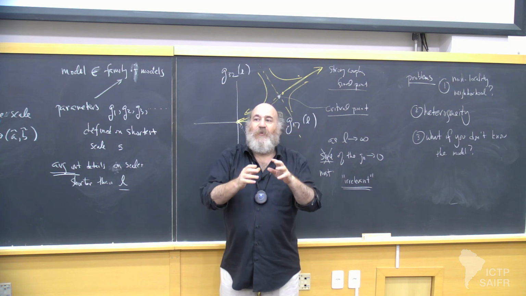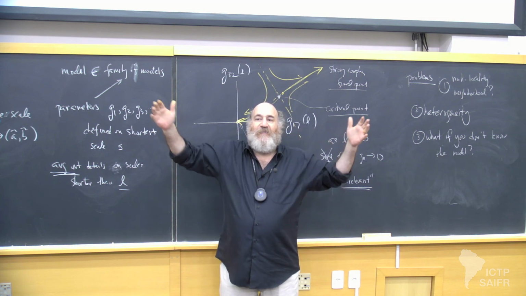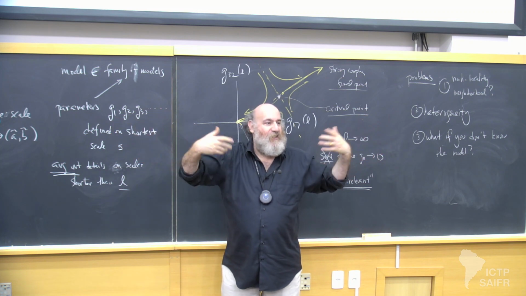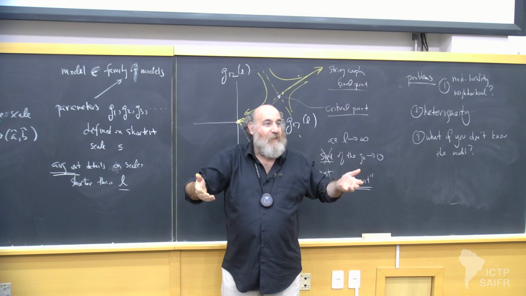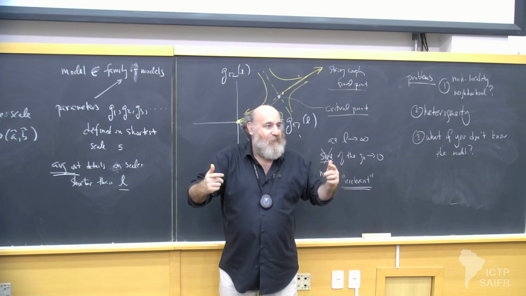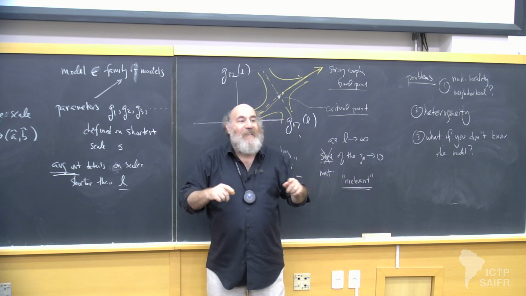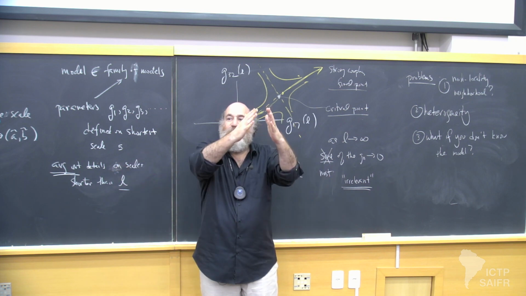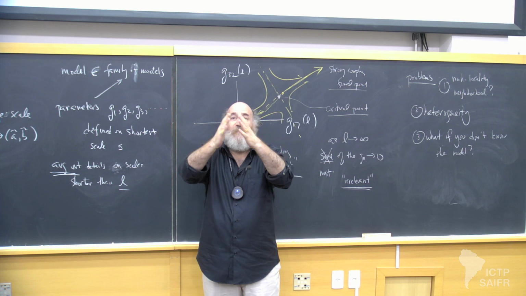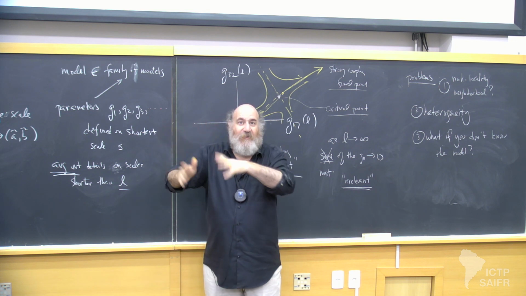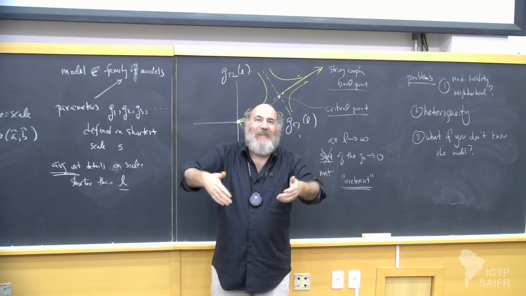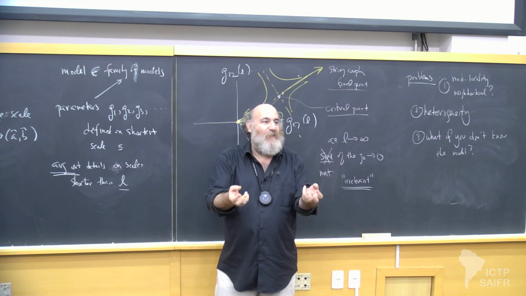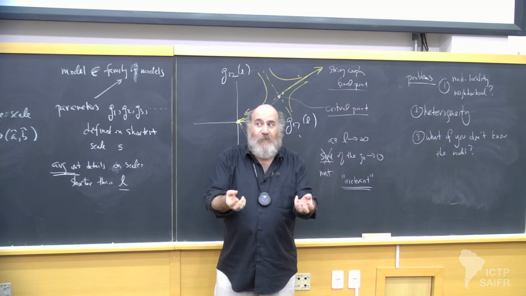One is that if I only ask questions about things on a large scale, it's simpler because the family of models is smaller, there are fewer parameters, but also it's more universal because there are many different microscopic models that all flow toward the same set of macroscopic models. So that's why the fluid mechanics of water and alcohol are the same, despite the fact that the molecular interactions are different. Okay?